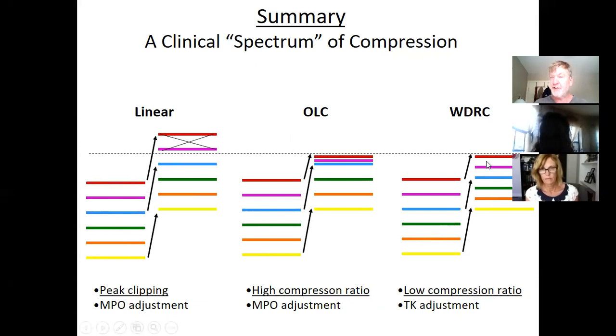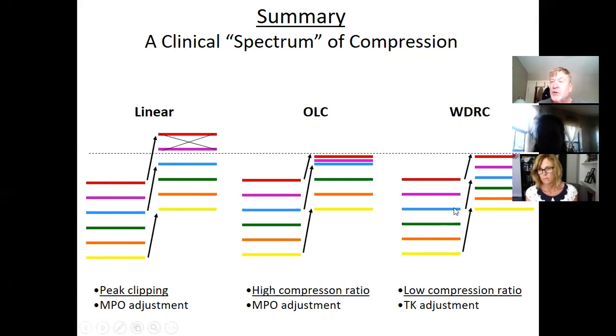Now look at the right, WDRC. Once again, like the other two, the yellow is lifted by the same amount, let's say in this case. But look at the blue. Already there's less gain being given. And look at the red. Already even less gain is given. And so the brakes are slowly put on here.